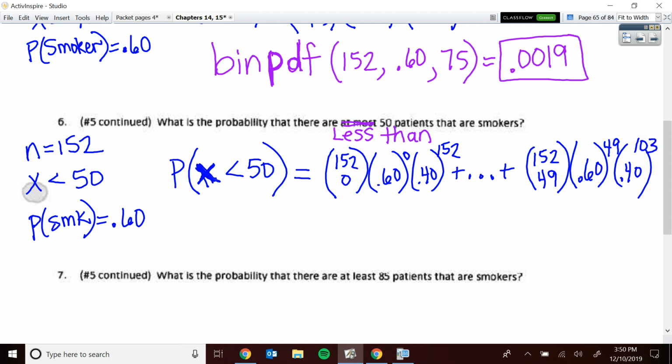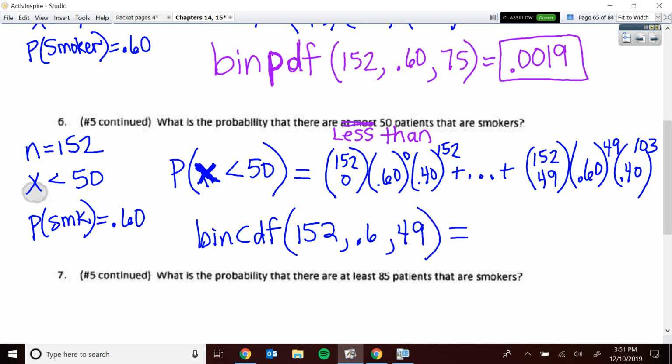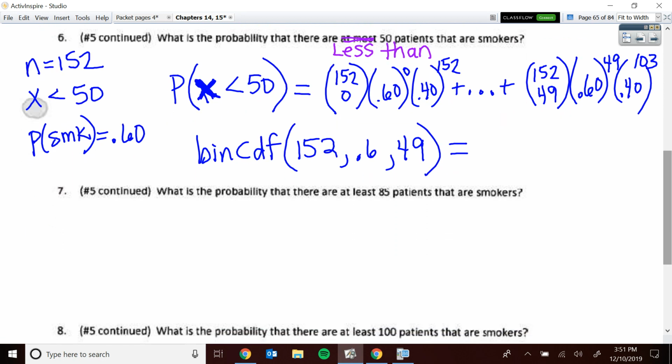Okay, so now let's talk about this. I want from 0 up to 49. So when I use binomial CDF, I want 152, 0.6, and 49. I want 49 and below. And honestly, it's a really, really small number.